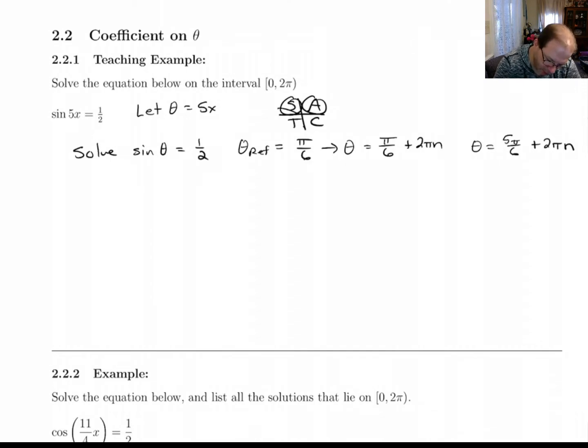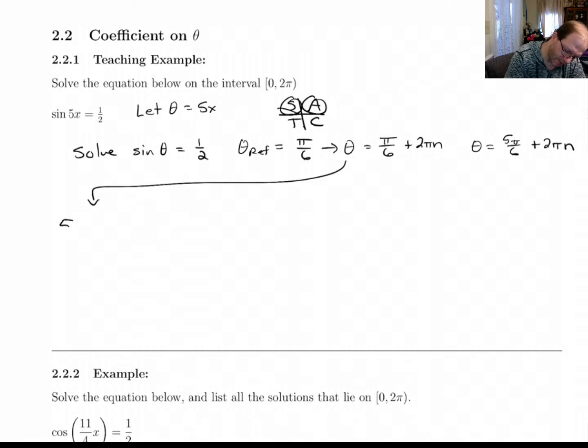But now what we need to do is, for each one of these, replace the theta with 5x. So this one becomes 5x equals pi over 6 plus 2 pi n.